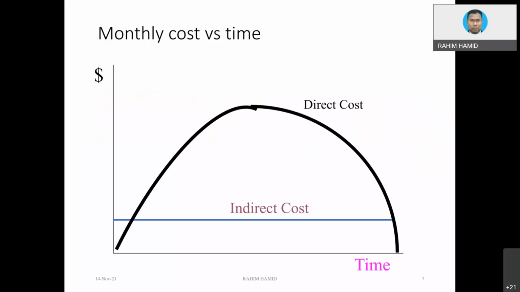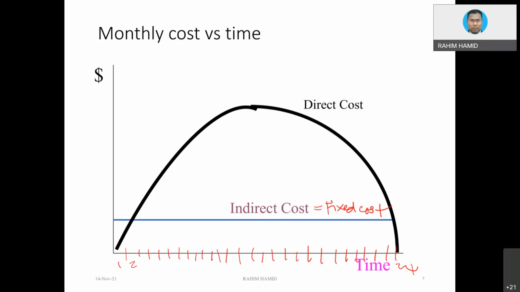If we relate the indirect costs and direct costs to the project duration, let's say we can divide into month, daily, weekly, whatever. Let's say from the first month, number 1, until, let's say, 24 months, the end of the project. Indirect costs normally are associated with fixed costs.